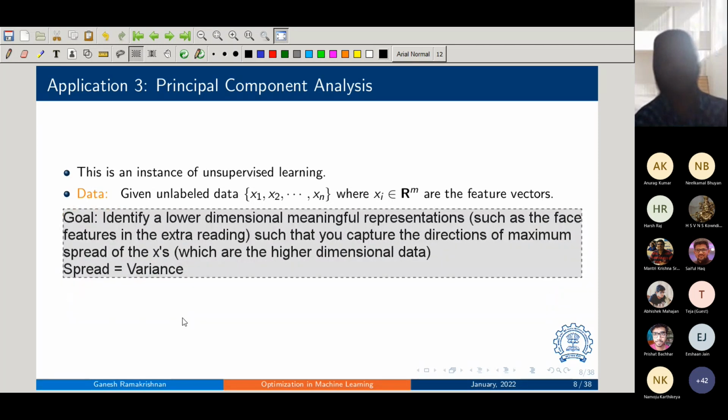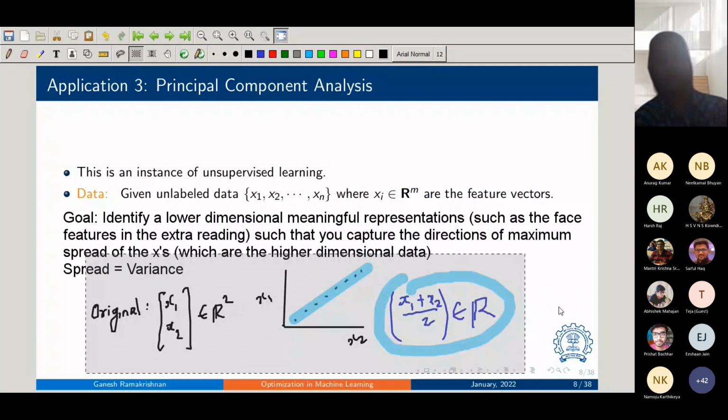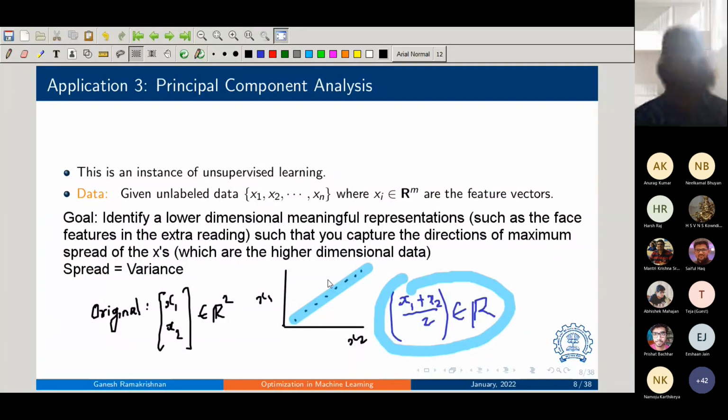So let's take the face example. You have the original data set x1, x2, in R2, and let's say I compress them into just x1 plus x2 divided by 2. This is a simple compression. So think of this as one instance of the u, or the compressor. We will give it a formal name, compressor. Now, is this good?